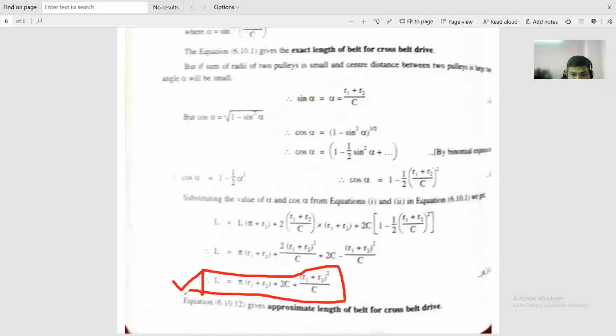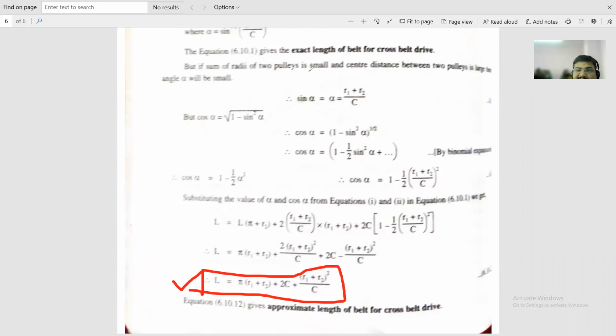That is the formula for the cross belt drive length.